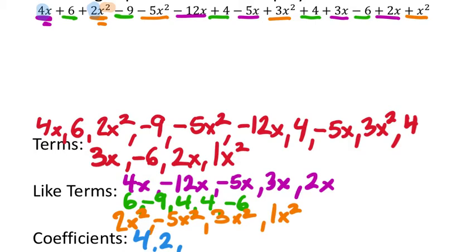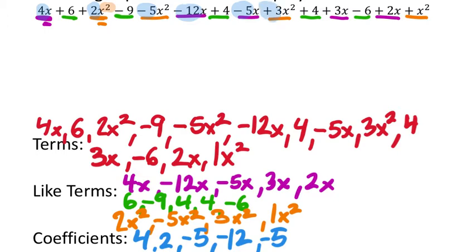Negative 9 is not because it doesn't have an x, but this negative 5 does, even though it's x to the power of 2. But again, this is not just 5, it's negative 5 because of the minus sign to its left. So negative 12 would also be a coefficient there. And then we got negative 5 there. Again, I'm going to list it twice.